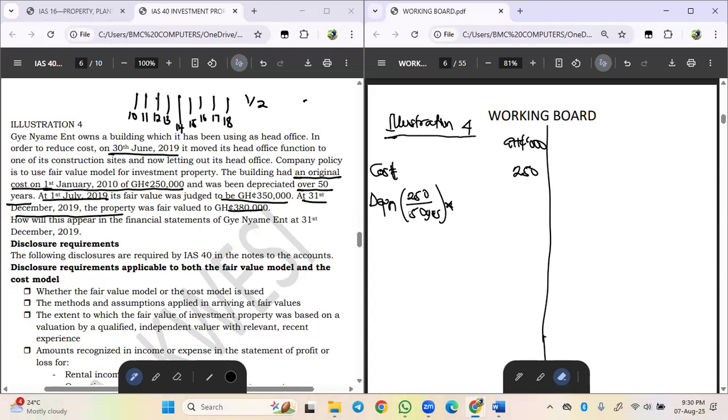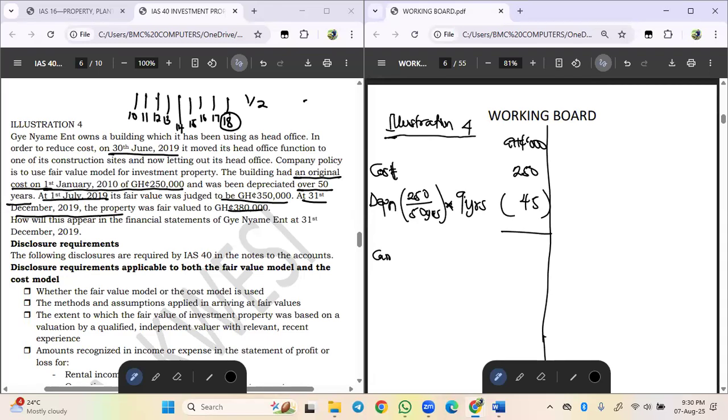I hope you are getting my point. So times 9 years, up to 2018. Then you do the half separately, because the half is what we are going to use in our extract.